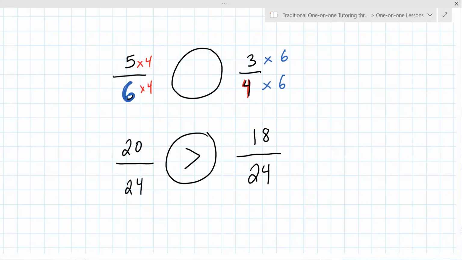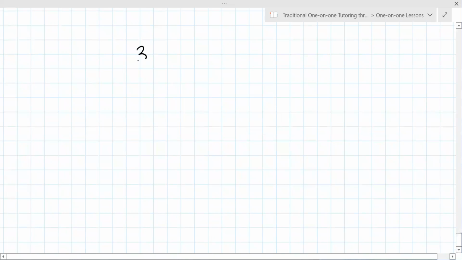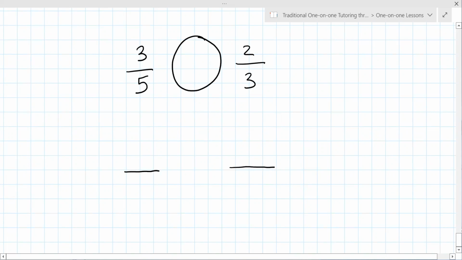Let's see if we can do one more here. Okay, so here you go, 3/5 and 2/3. What are you going to multiply the 3 and the 5 by? 3.